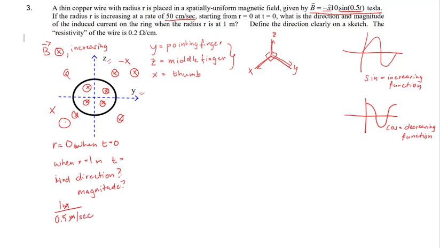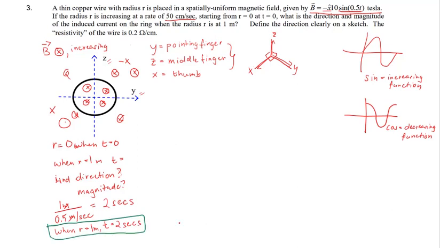The meters cancel, so we're left with 2 seconds. 1 divided by 0.5 is 2 seconds. So when r equals 1 meter, t equals 2 seconds.